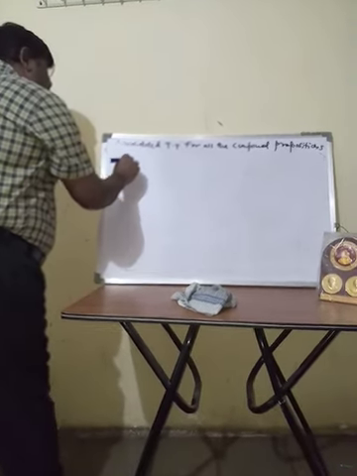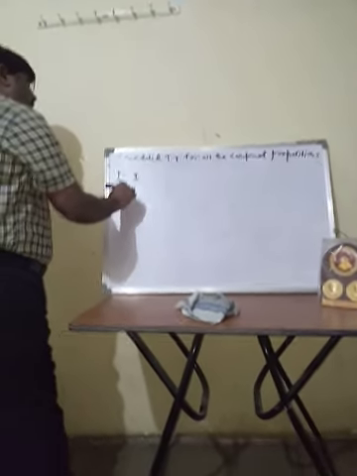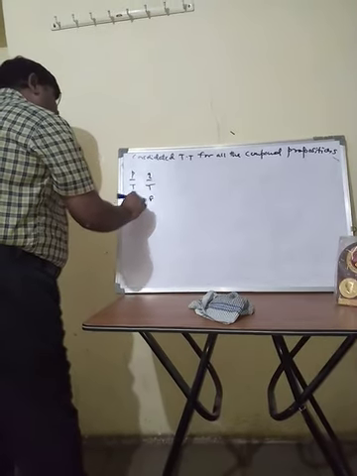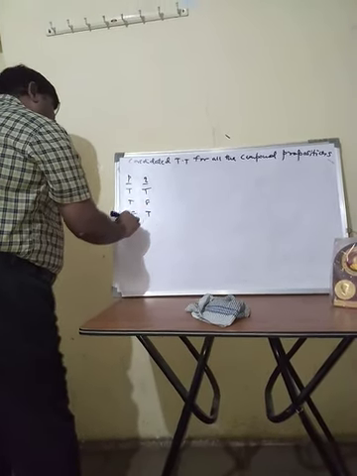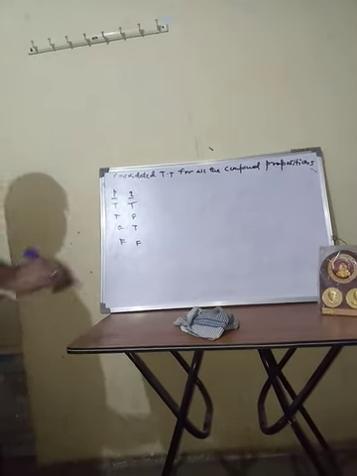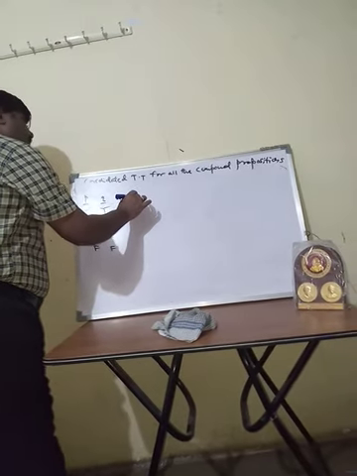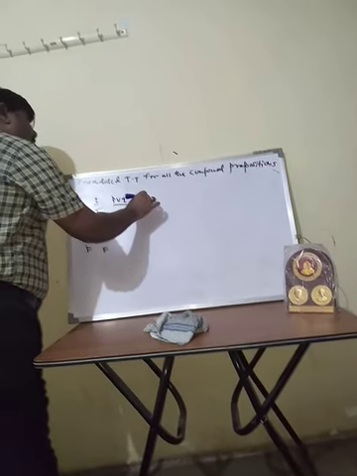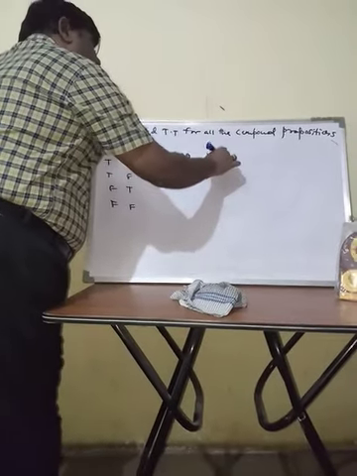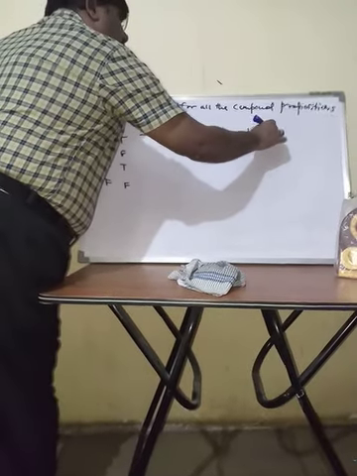Take the two simple propositions P and Q. Their possible truth values are TT, TF, FT, FF. As you have seen, the first compound proposition is disjunction, the second is conjunction, the third is conditional, and the fourth is biconditional.